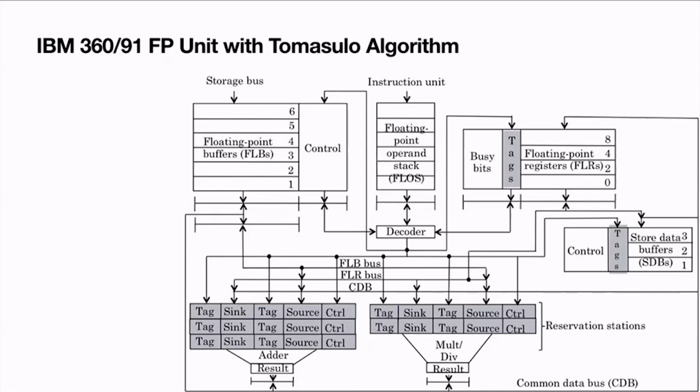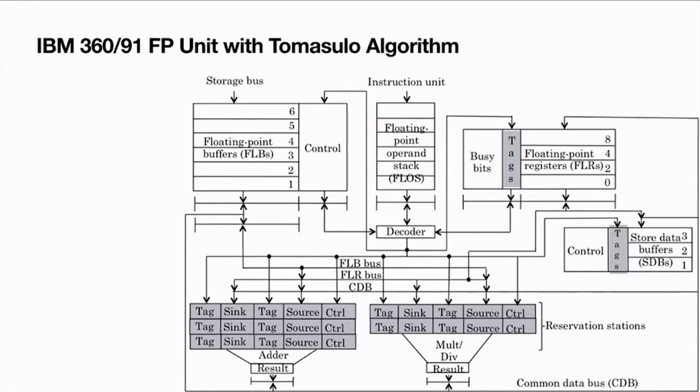Operand forwarding is implemented here. And also, because we provided the tags, we can write to the proper location by using these tags. As a result, we don't have to wait for the functional unit to write a value into the register file, and also we don't have to wait for operands to be taken from the floating point FLOS into the reservation station.